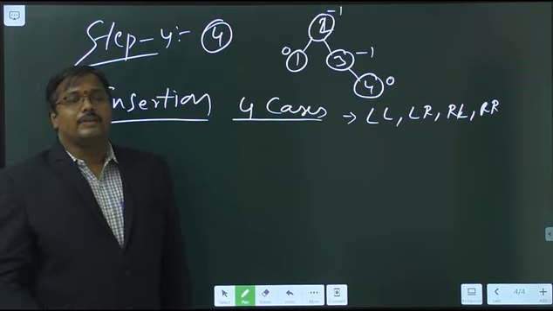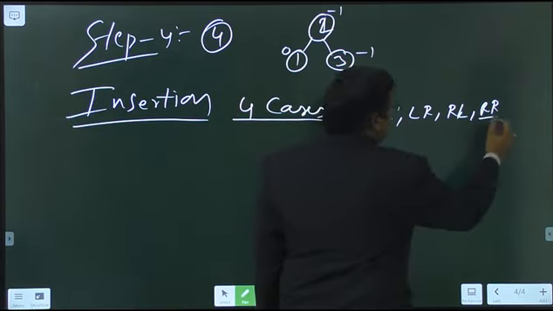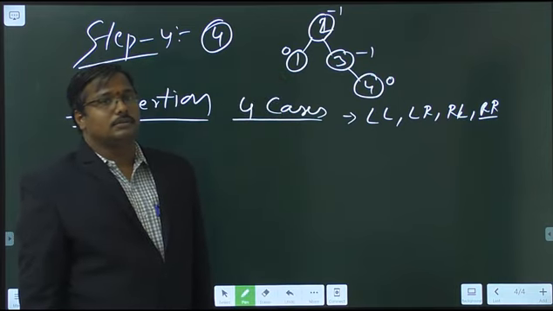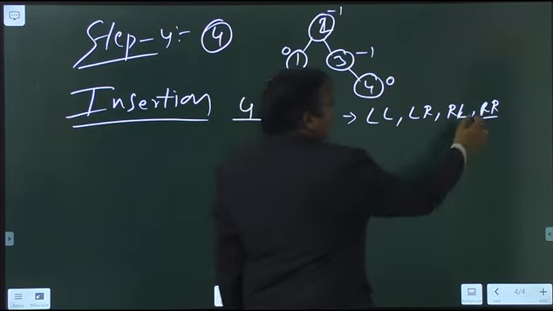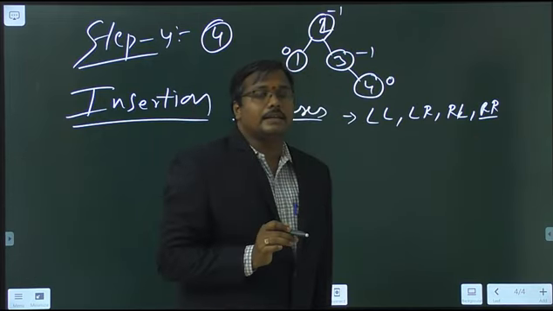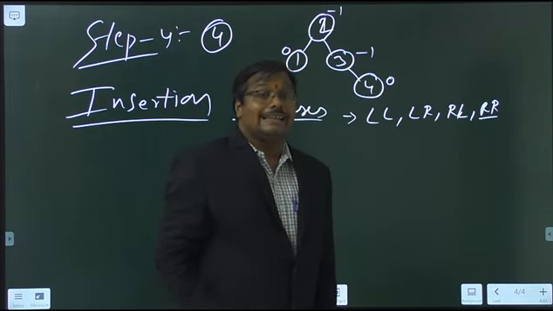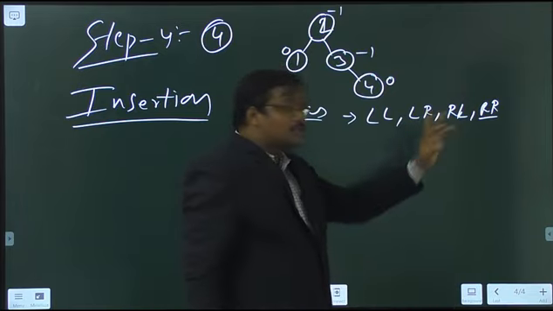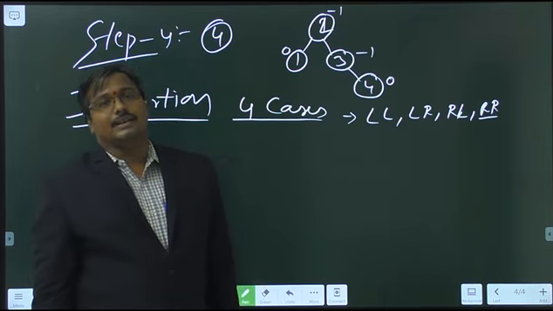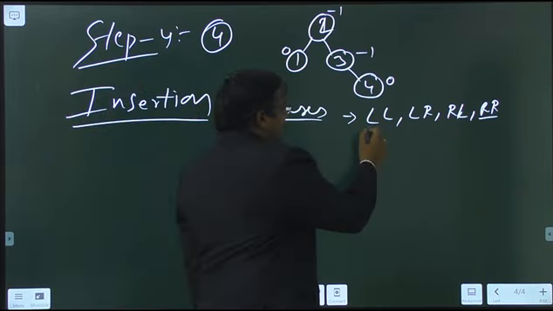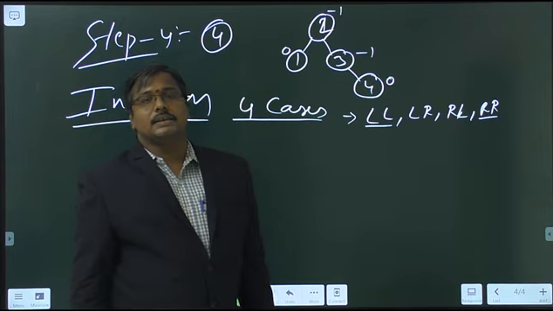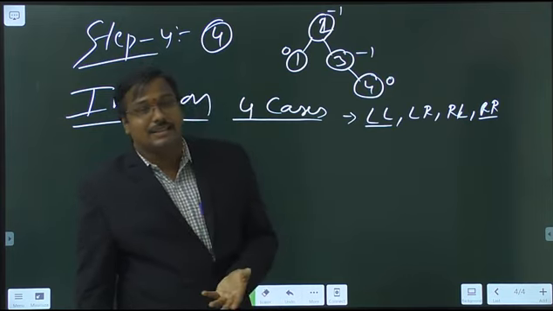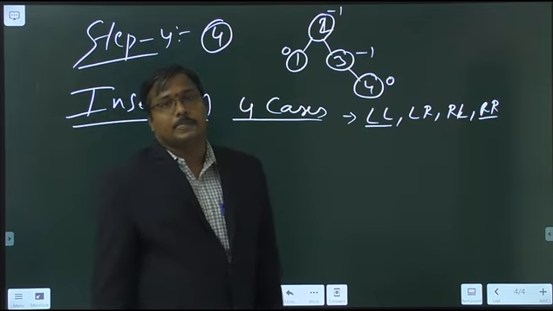According to the previous example, you know what it means. RR means whenever we insert a node in the right subtree as a right child, we get imbalance. That kind of case is called RR. Similarly, LL means whenever we insert a node in the left subtree as a left child, we get imbalance. That is the LL case.